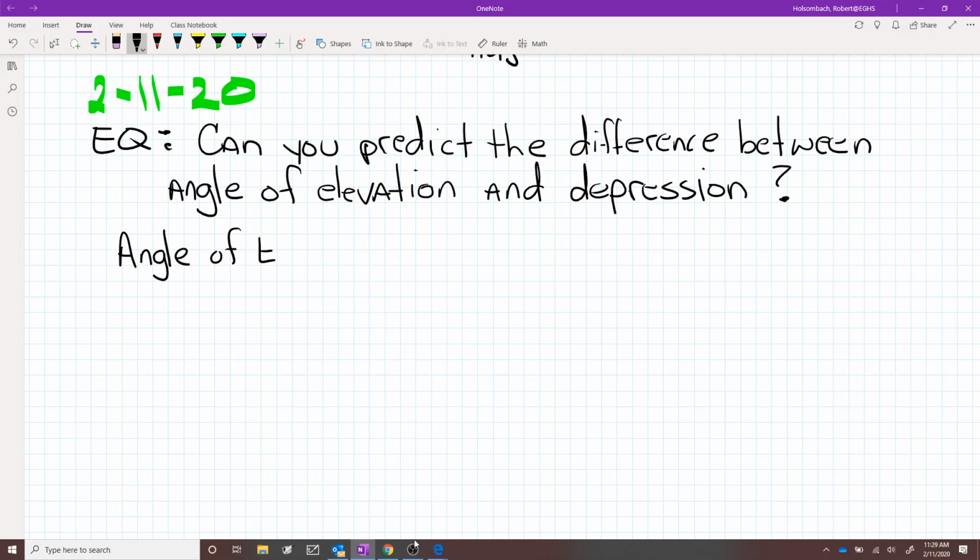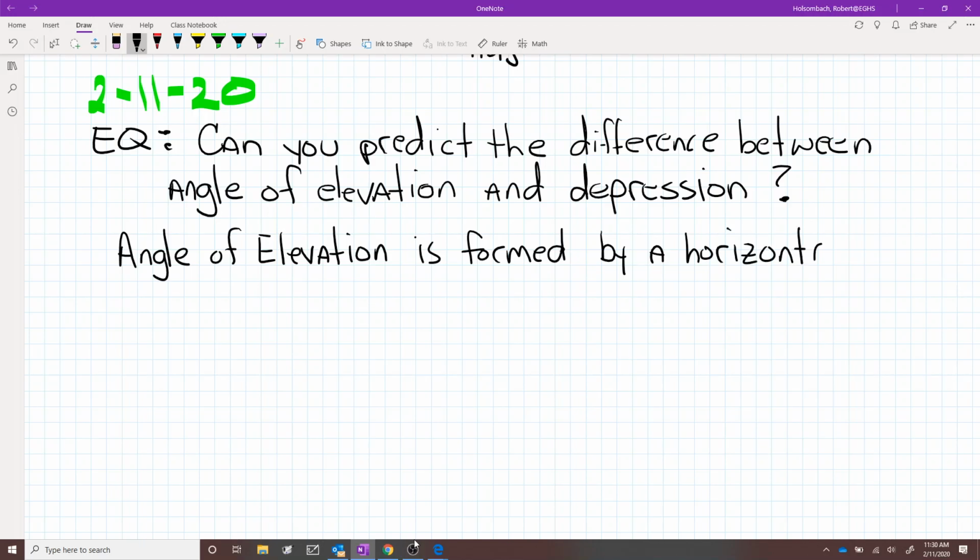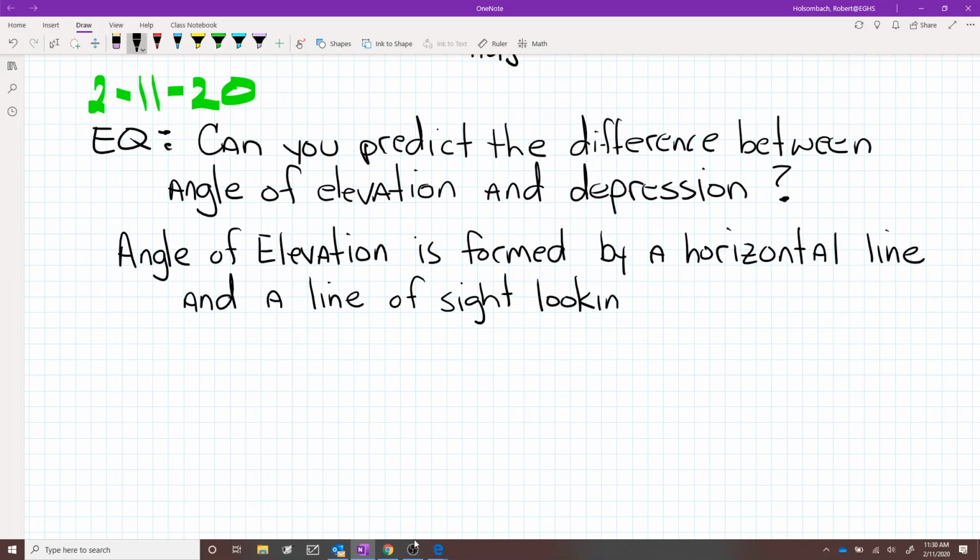Angle of elevation is formed by a horizontal line and a line of sight looking which way?